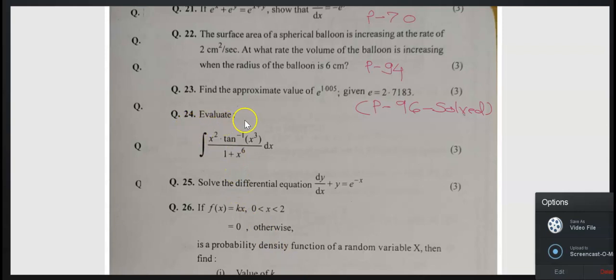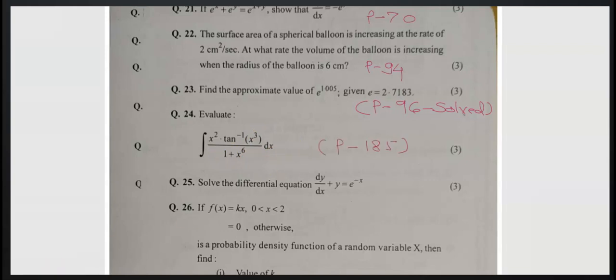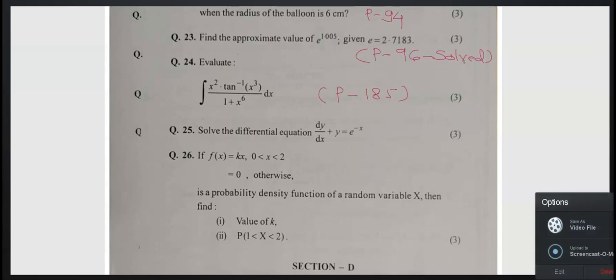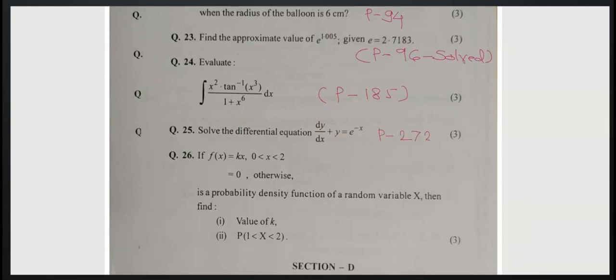Question number 24, that is, evaluate the integration of x square into tan inverse of x cube upon 1 plus x raised to 6 into dx. Very simple question. Method of substitution, it is on page number 185.